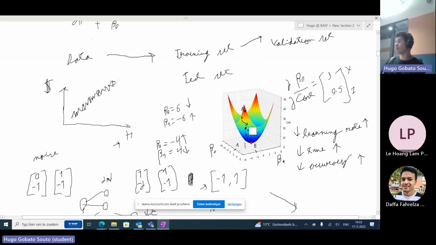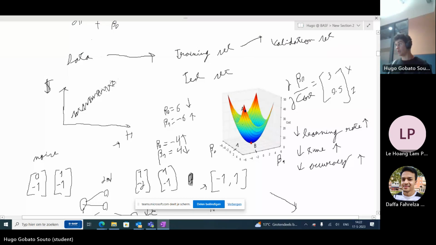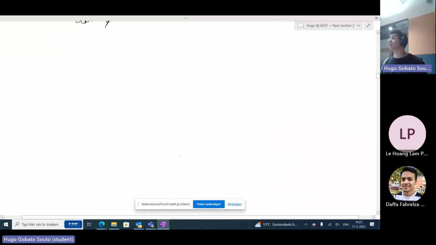Not bad. So once again, we are here in the graph, right? And we are here in our last epoch. And here is where we want to go, right? So right now, we are just considering one neural network with 2 neurons and 1 output. So it's this neural network, okay? So right now, let's say that you have 1 parameter per neuron, okay? So 1 parameter here, 1 parameter here.